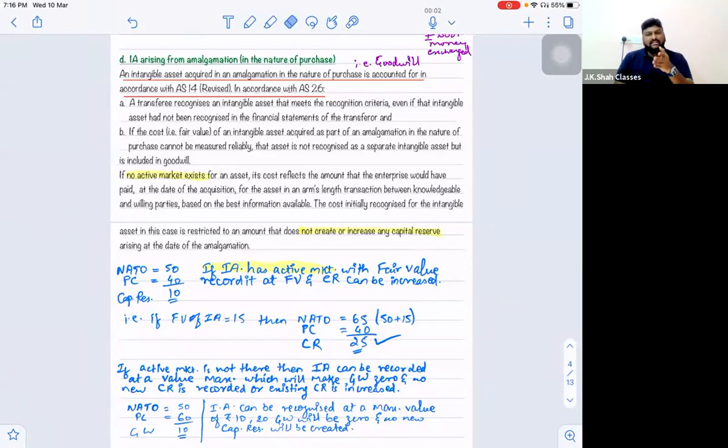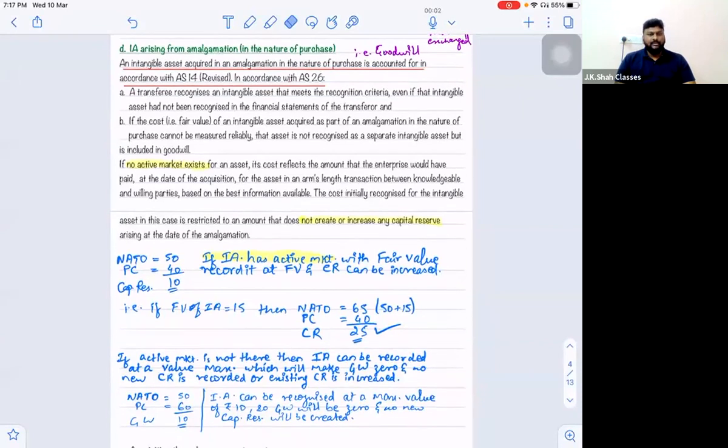But if you are already in the situation of capital reserve, then sir, asset cannot be recorded, because in such case, if there is no active market available, then you cannot increase the capital reserve or create any new capital reserve by recording the intangible asset. So these are the 3 points that you need to note down. Correct?